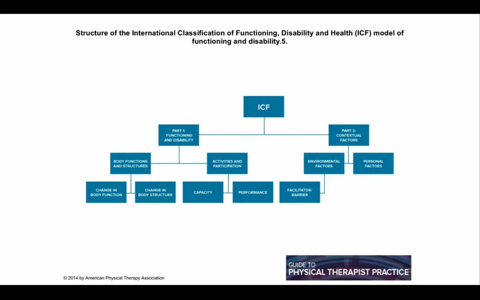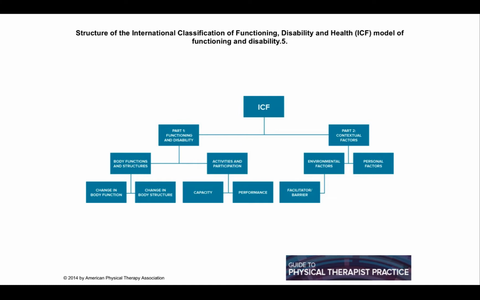And again, this includes not only the biological factors, but also the psychological and social factors, rather than focusing exclusively on their medical or disease-specific diagnosis. So again, this is supposed to be a universal model of health, functioning, and disability.